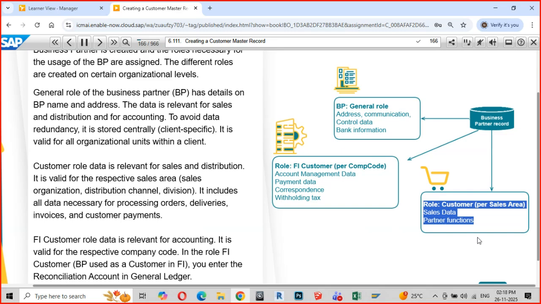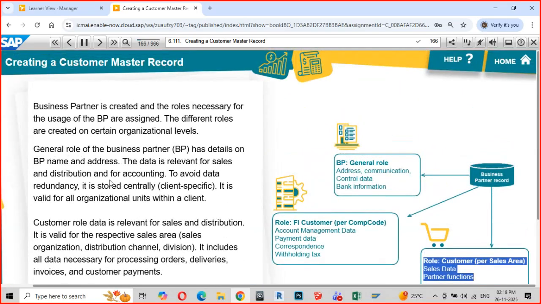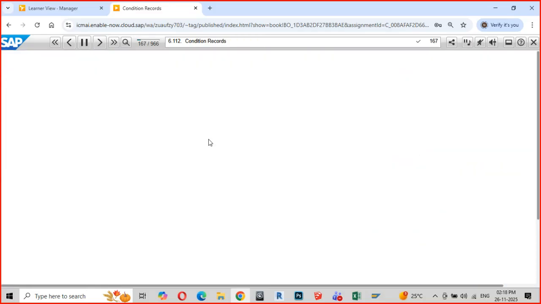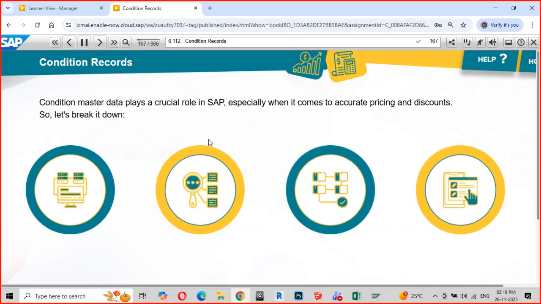Just like we saw the purchase organization from the purchase module, we see something called the sales organization from the sales module. Condition records. Now, what are condition records?